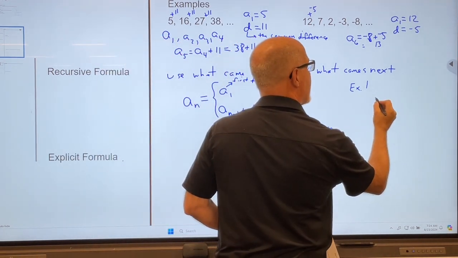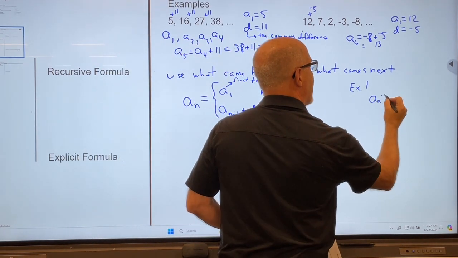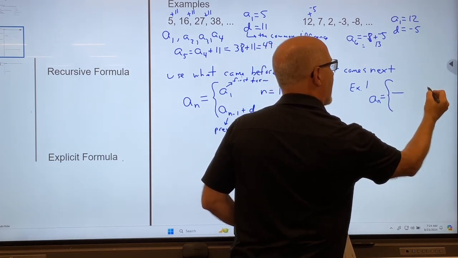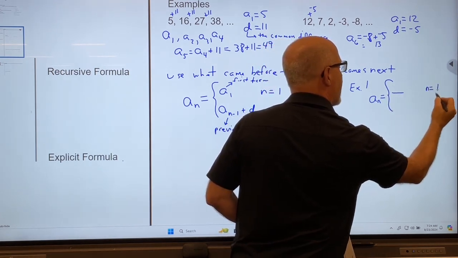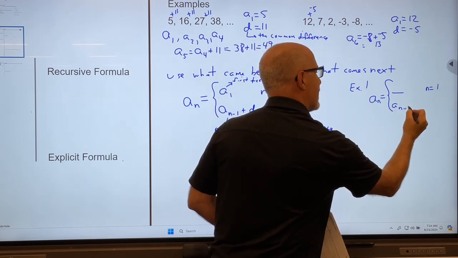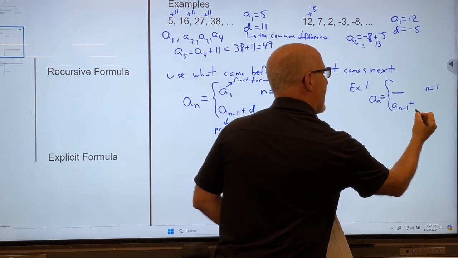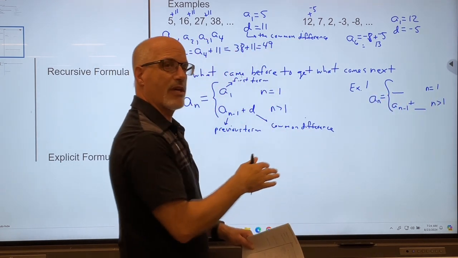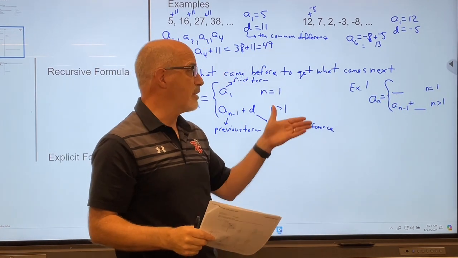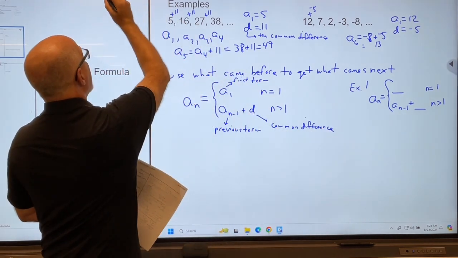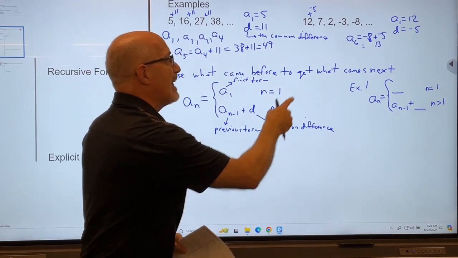So what I'm going to have is a sub n equals, and I'm going to have a blank here for n equal to 1, and I'm going to have a sub n minus 1 plus a blank d for n greater than 1. Every time you write a recursive formula for an arithmetic sequence, you're going to write it out this way, and what you'll do then is you'll put into the blank these numbers.